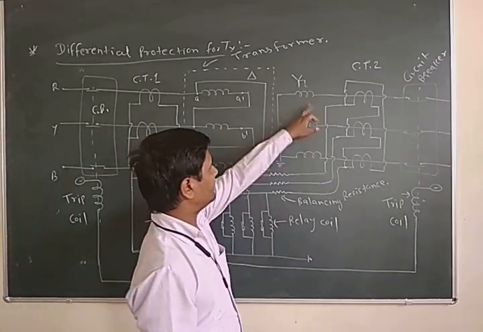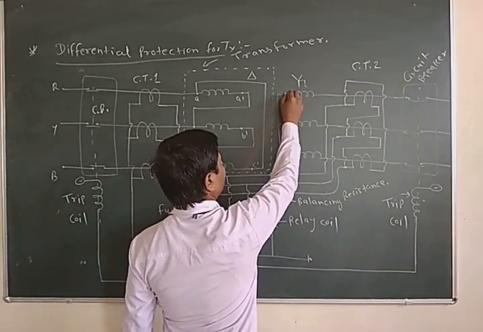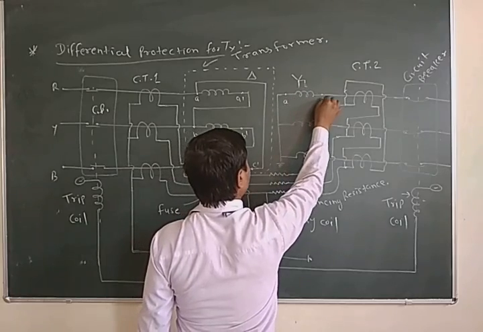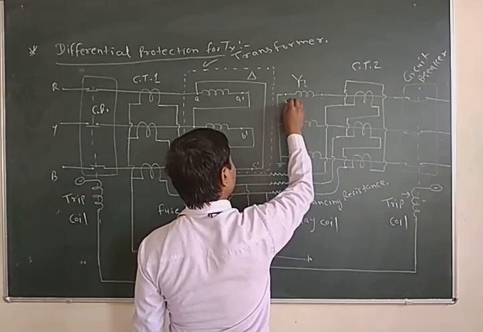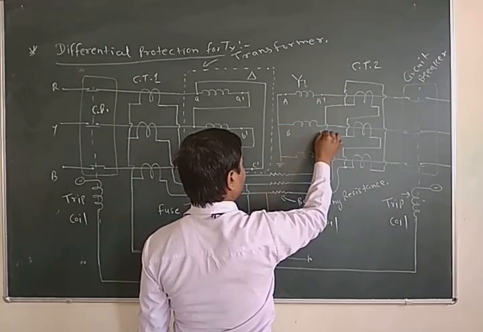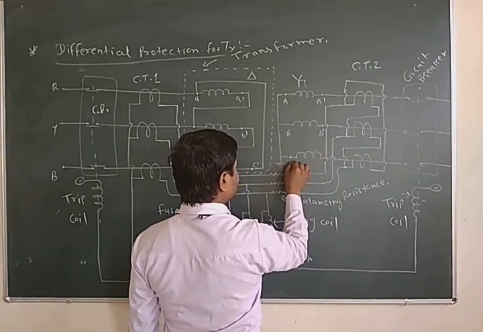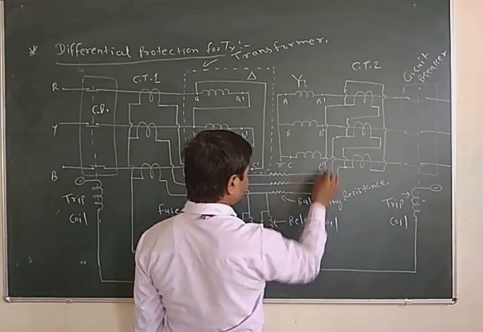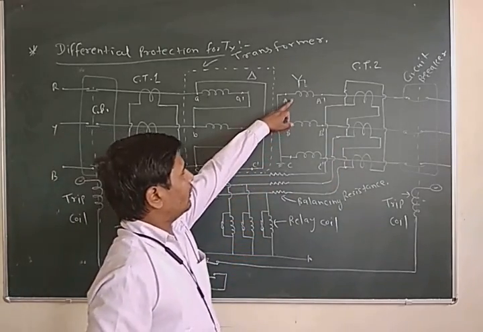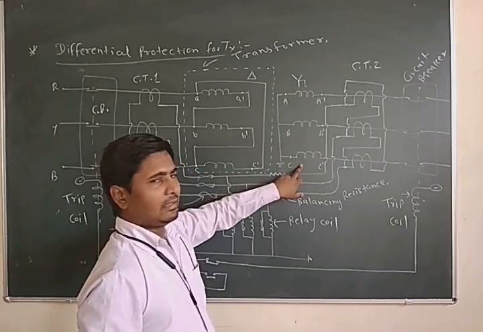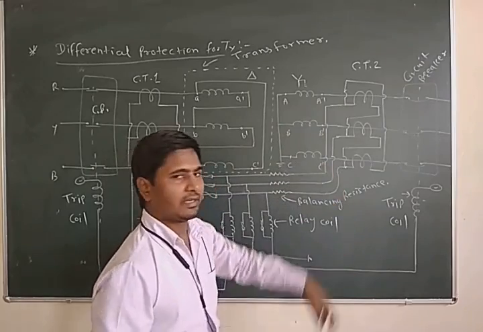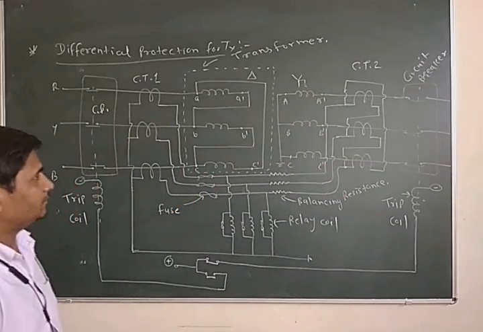Now in star connection, there are also three windings. Suppose we take capital A dash, B dash, and C dash. In star connection, one terminal of each winding is common and the other terminals are connected to the phase or line.